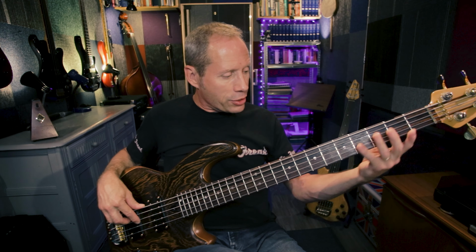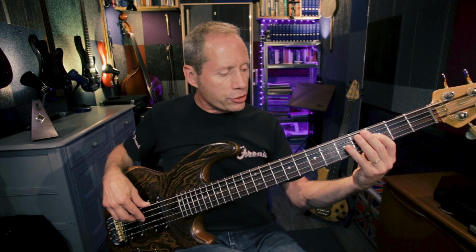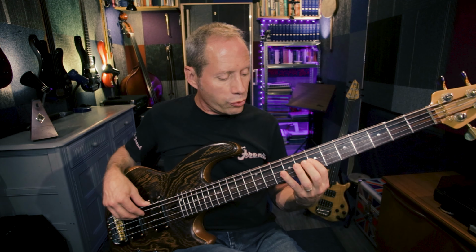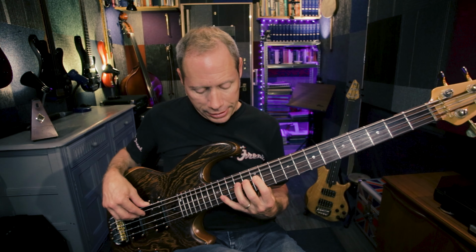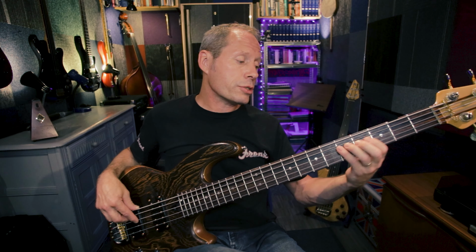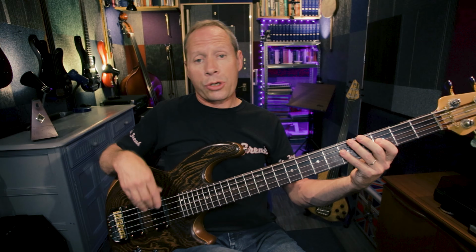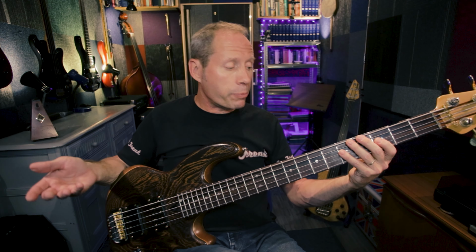If we look at these intervals going up the neck or in a linear fashion, we can play the major scale. So we have 1, 2, 3, 4, 5, 6, 7, 8, 8, 7, 6, 5, 4, 3, 2, 1. So on each one of these scale degrees, we can build a triad.